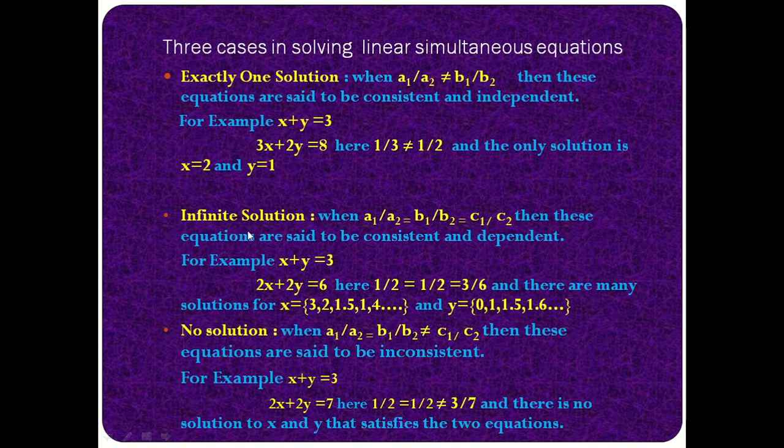Another case is infinite solution. We have infinite solutions, more than one solution. A number of solutions are there for a single problem. Here in this case, a1 by a2 is equal to b1 by b2 is equal to c1 by c2. a1 by a2 are the coefficients of the x variable in the two equations, b1 by b2 the coefficients of variable y in the two equations, and c1 by c2 the constants.